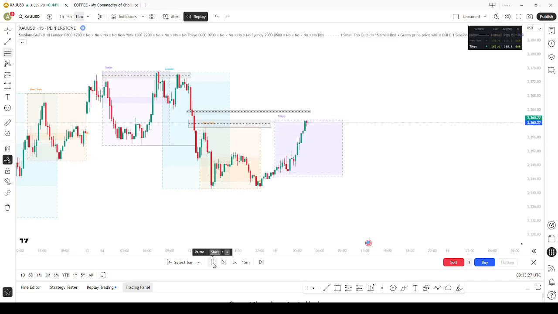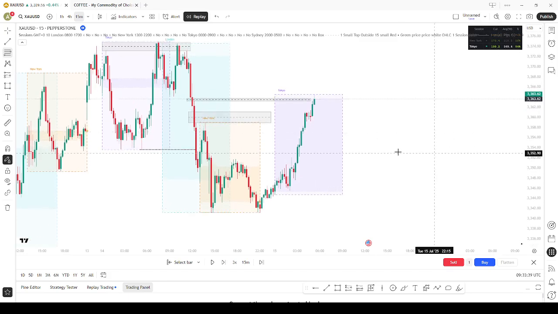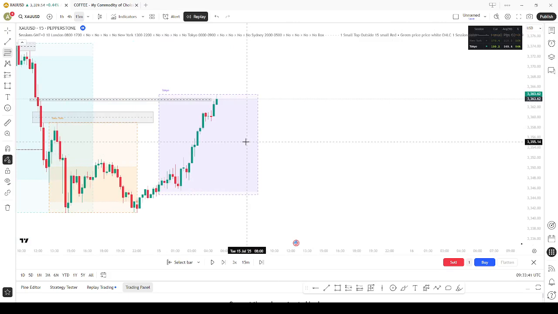You get it? You see? Remember that thing I told you, it's very tricky: if you are to use an imbalance as your point of interest, you just have to wait for a momentum shift or structure so that you can enter that trade. You get it?